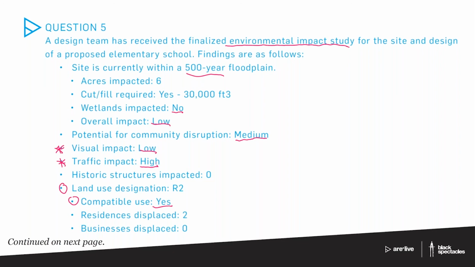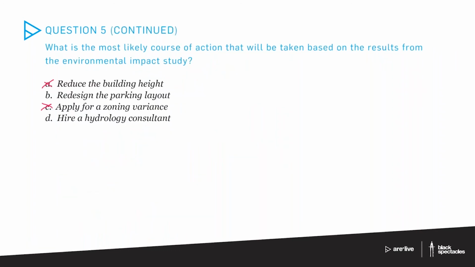If this said a 100-year floodplain or something less than 100 years, you might want to start making considerations about siting the building, raising the building maybe, or you might hire a hydrology consultant in that case to deal with the potential for flooding. But given that it's a 500-year floodplain and that we have a pretty good answer choice B here, I would say that D is correct and B is the most likely path forward for this project.